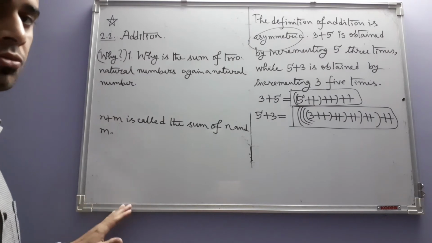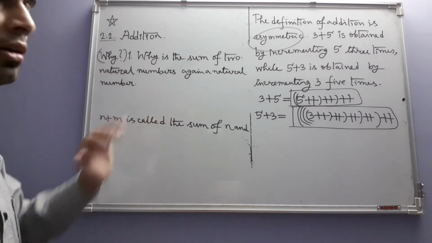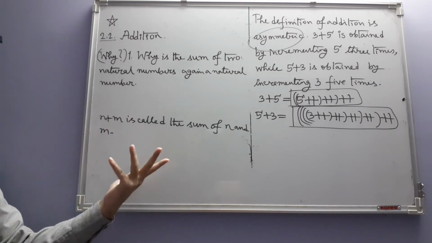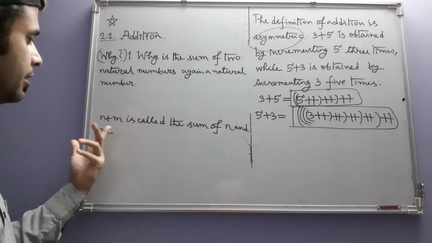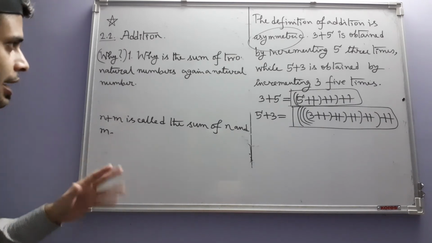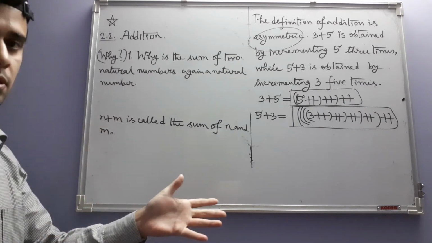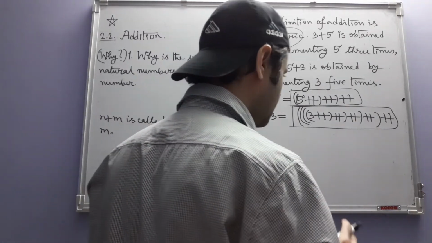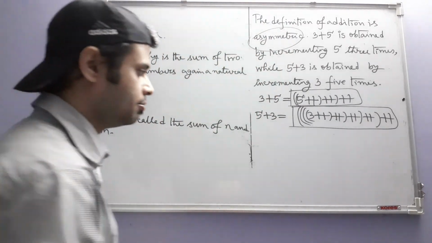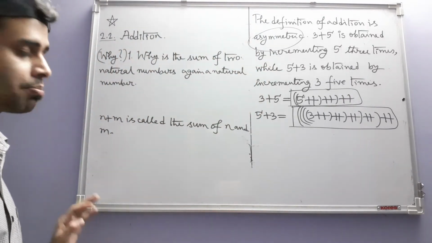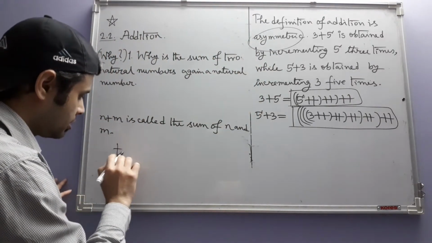These things are taken for granted, but they nonetheless have to be proved. We have defined a sum using recursive definition, but what is the guarantee that n plus m is always a natural number? Because otherwise we are going outside the system. For example, let's digress and think of subtraction instead of addition.